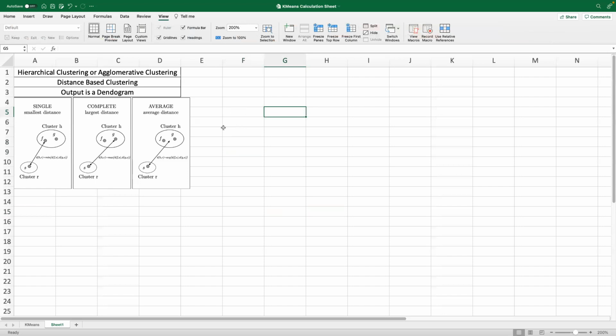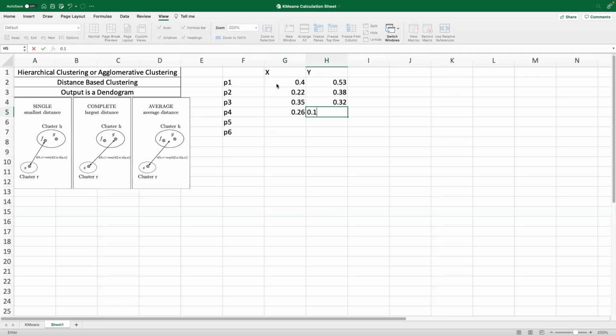Now let us say we have some data points, P1, P2, P3, P4, P6, and then we have X and Y. X is 0.40, 0.22, 0.35, 0.26, 0.08, 0.45, and Y is 0.53, 0.38, 0.32, 0.19, 0.41, 0.30.